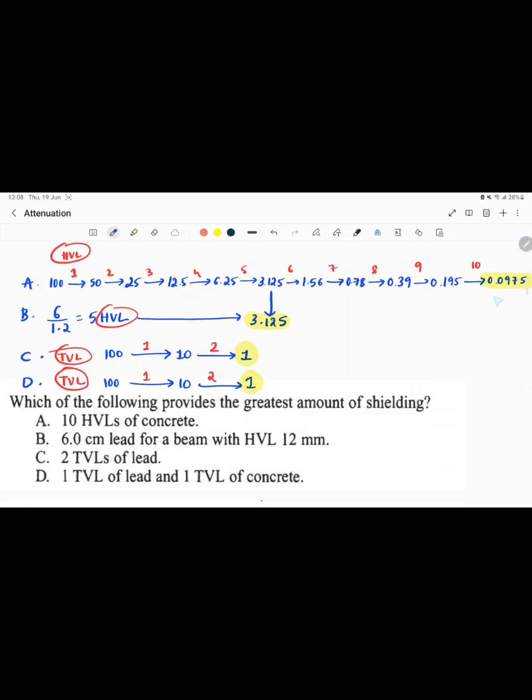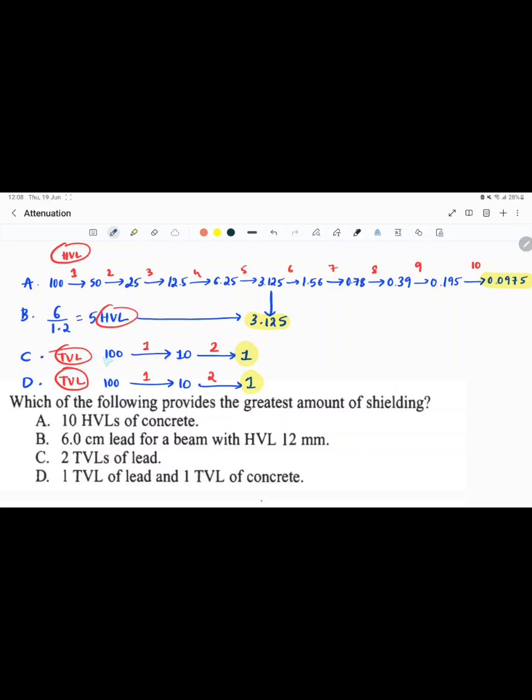That's the transmitted beam; in the sense, so much of it is attenuated. For option B, if 1.2 centimeter is the HVL, then the total thickness of 6 centimeter gives us 5 HVLs. So 5 HVLs gives us 3.125.